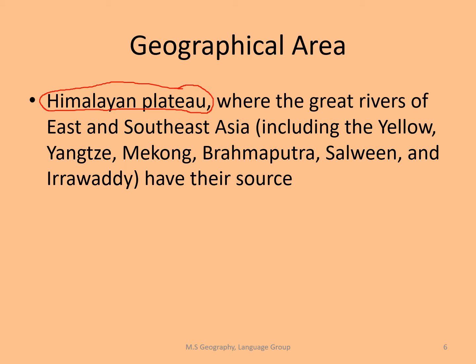Similarly, the Sino-Tibetan language group is related to the river basins of the Yellow River, Yangtze River, Mekong River, the Brahmaputra riverine area, Salween River Basin area, and Irrawaddy riverine area. It's a language of the Himalayan plateau.